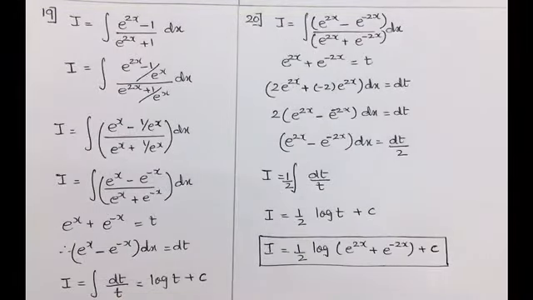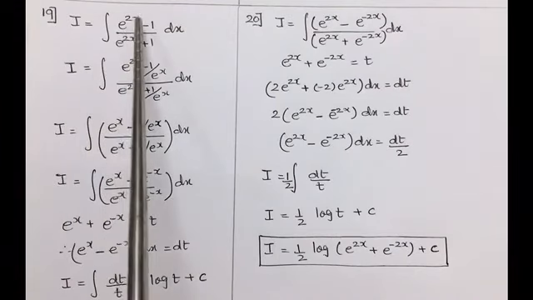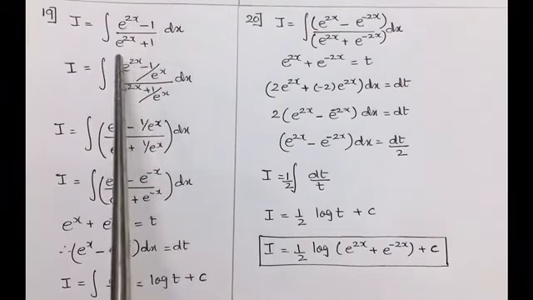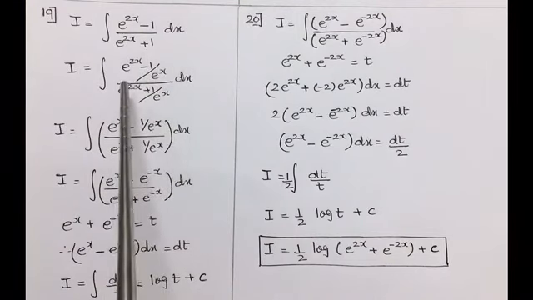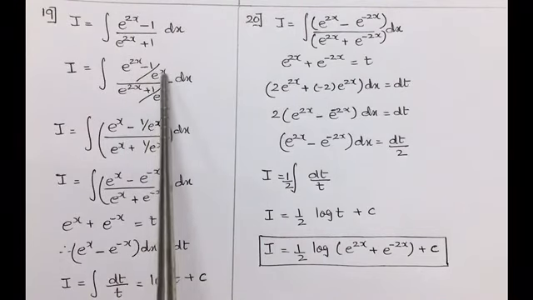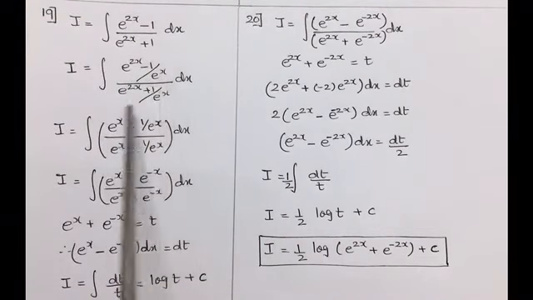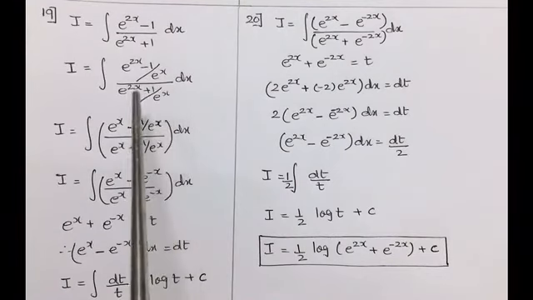19th one is I is equal to integration e raised to 2x minus 1 upon e raised to 2x plus 1 dx. Now dividing the numerator and denominator by e raised to x, this is one of the very important steps to bring it into the standard integration.